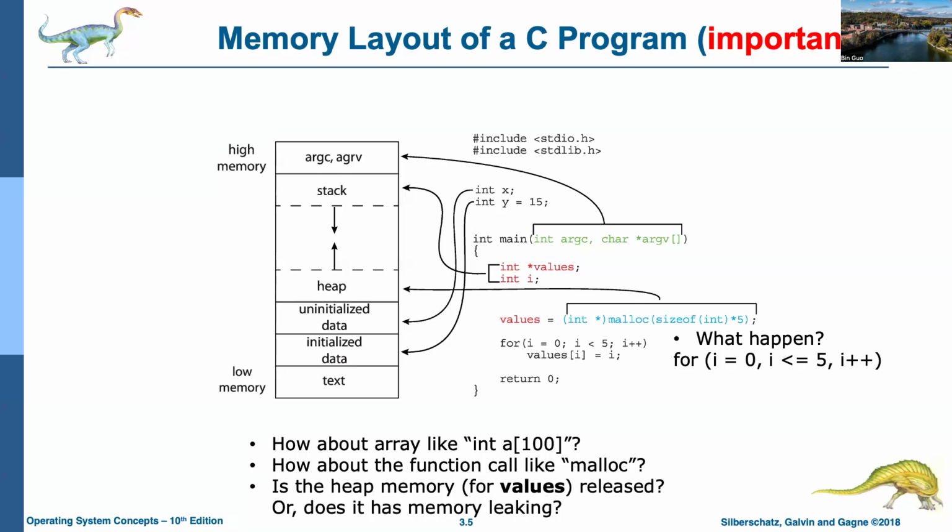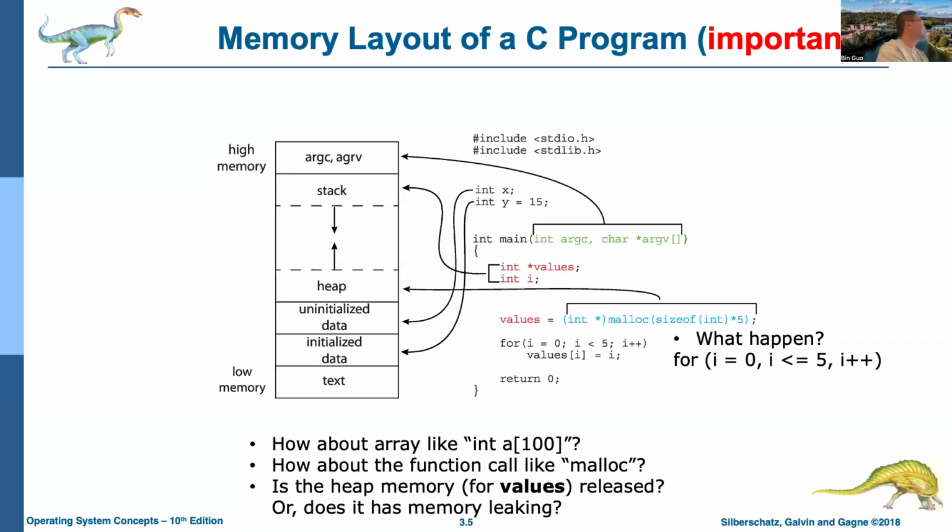So local variables are put in the stack. So these values and i are put into the stack because we are doing the function call in main. After this function call, you see return 0. The function call finished, so we pop these values and i from the stack. This way it is automatically released. We don't need to release that.